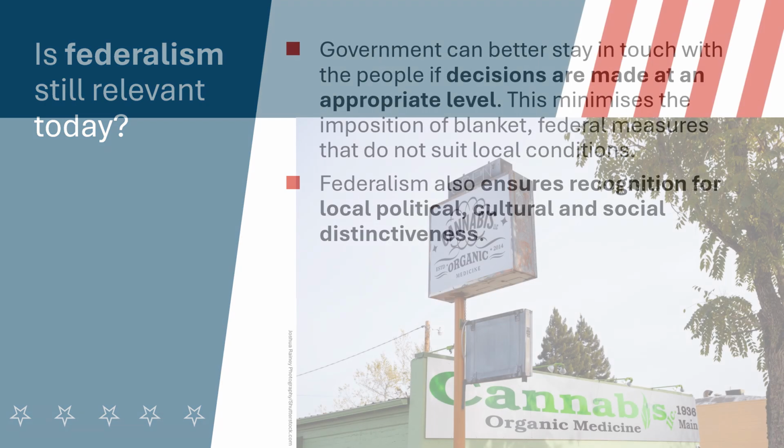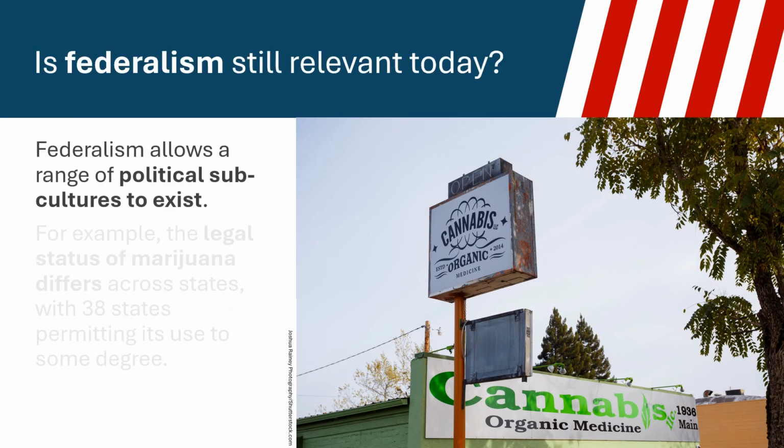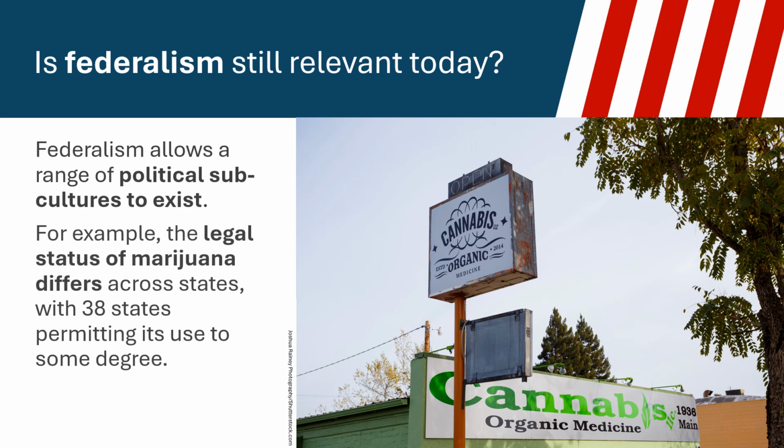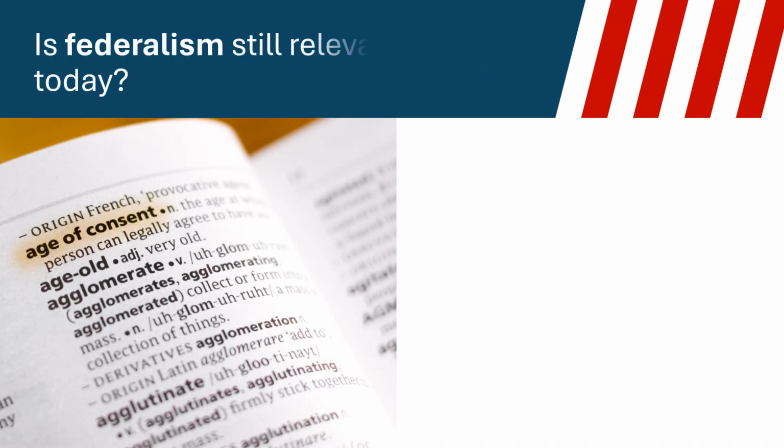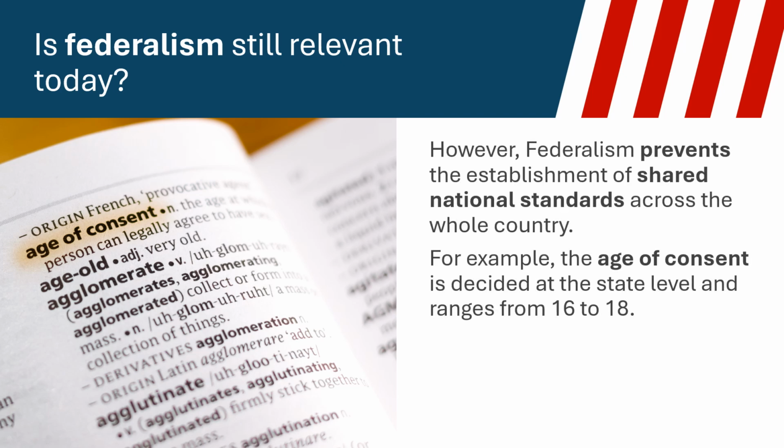Federalism allows a range of political subcultures to exist side by side. It permits, for example, a range of approaches on the legal status of marijuana, with 38 states permitting its use to some degree. Federalism continues to provide an excellent compromise between strong national government and local diversity.